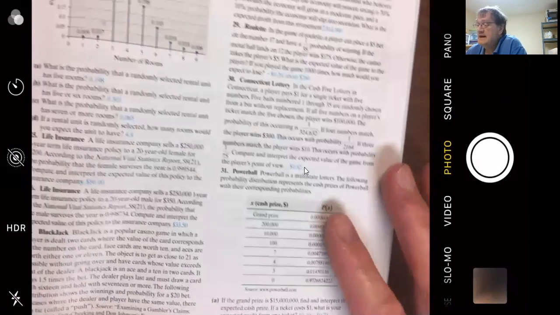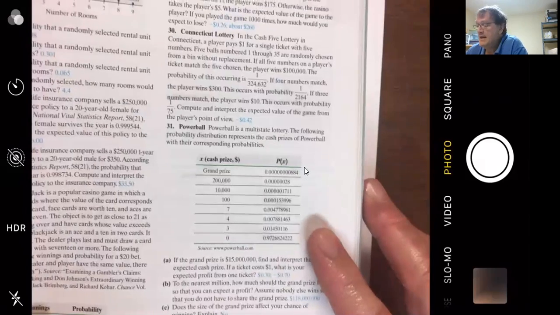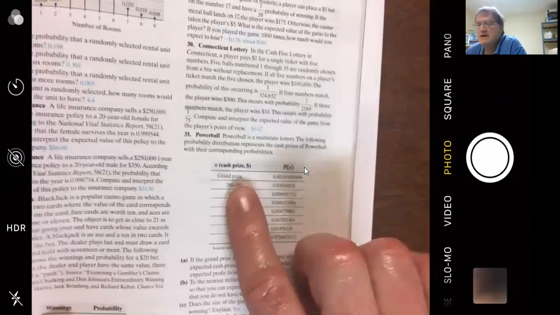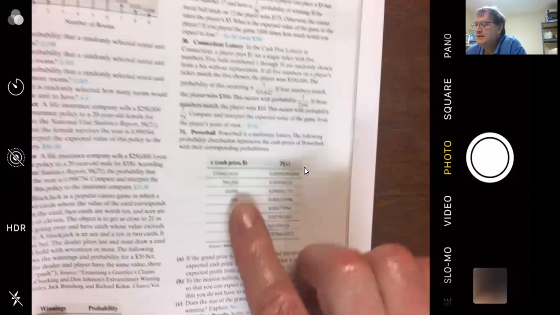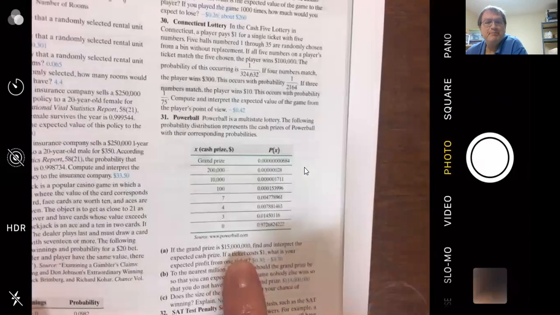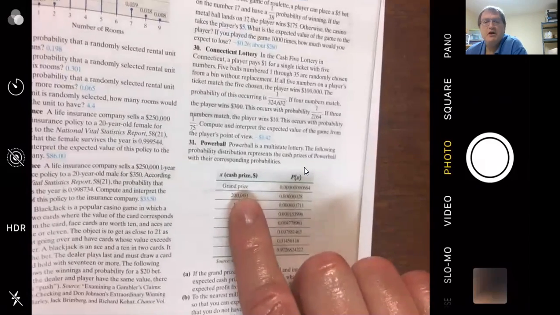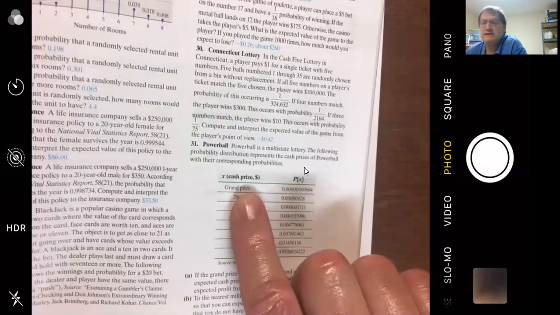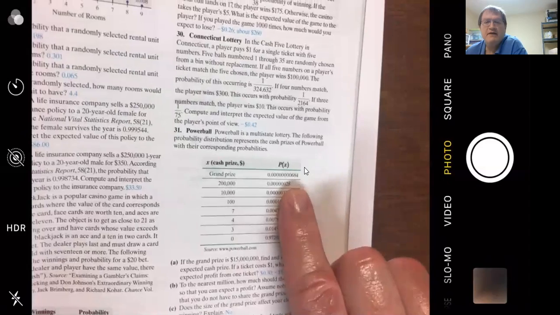But they give you the table here. I won't copy it down. They just give you grand prize here, and then they tell you part A, the grand prize, 15 million. So you want to be putting in 15 million right there under grand prize. And you can see the incredibly high probability of winning that 15 million.